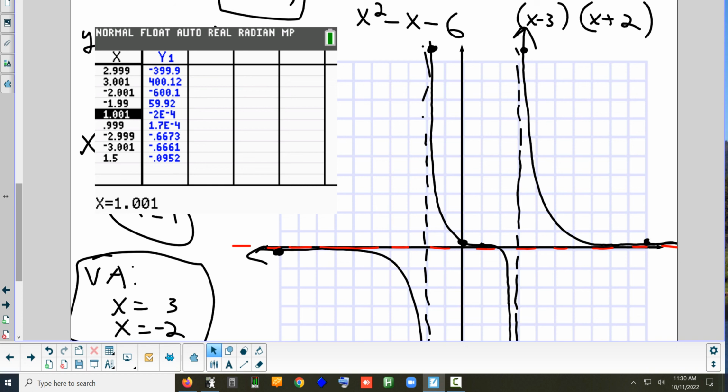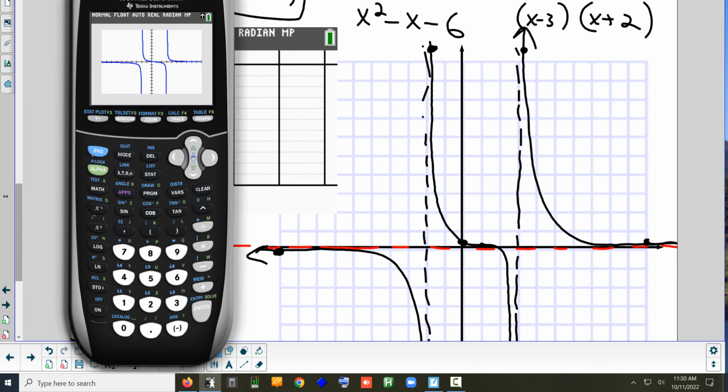If you plug in a number, let's say you plug in y equals 3, will it give you both x values? No, when you use the table, you can't fill in a number in the y column and get the x. You can only fill in a number in the x and get the y. Even though if you go to table setup, there's a setting to have it do that, it doesn't work.